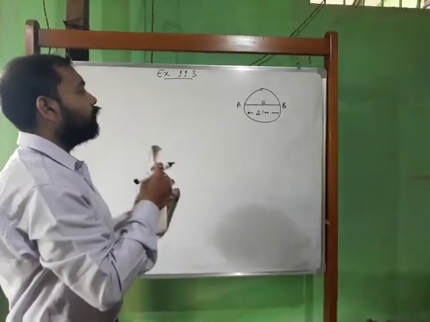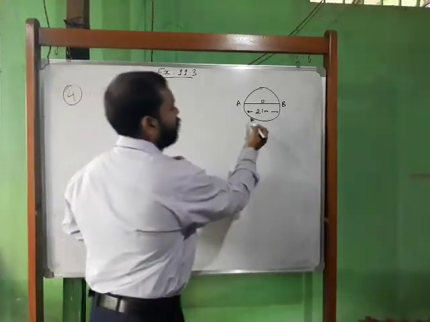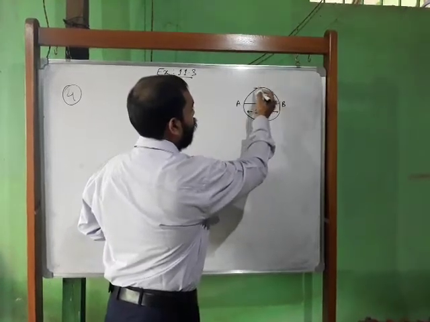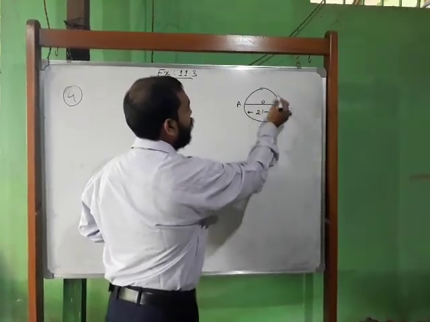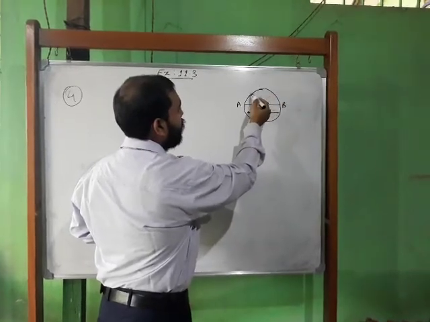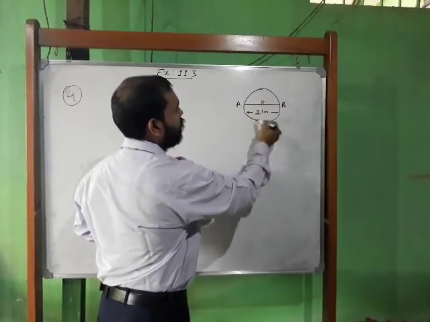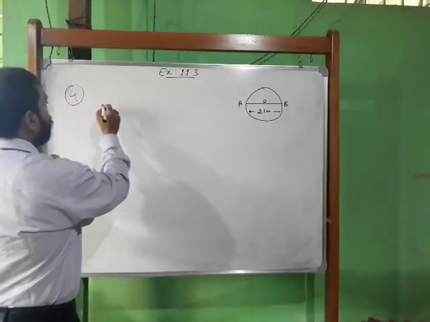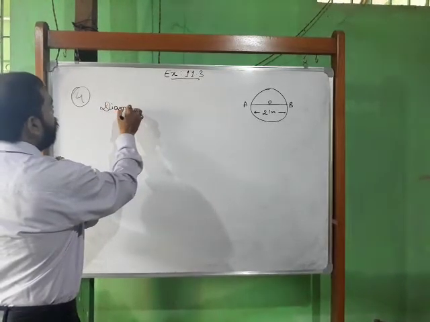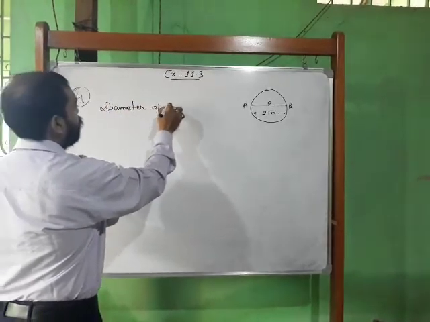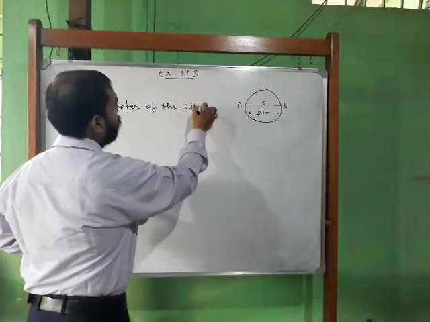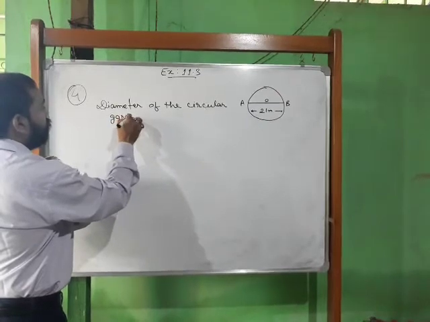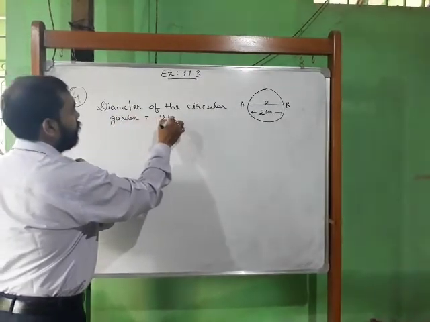Now you see we have to find the length of the rope that is required for this circular garden to make the fence. For this we have to find the circumference of the circle. Already the diameter is given. So the diameter of the circular garden is 21 meter.